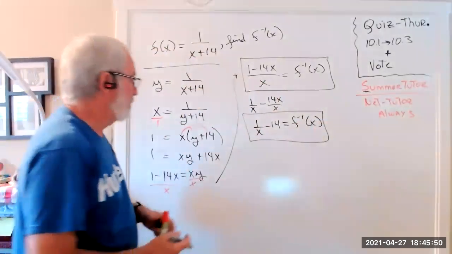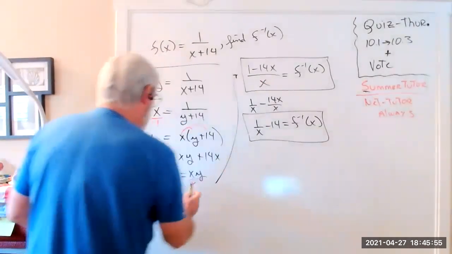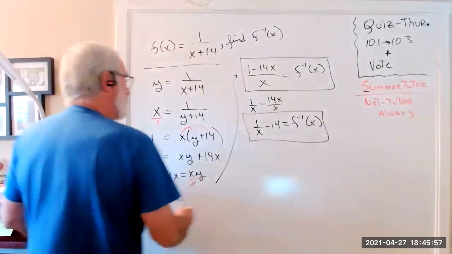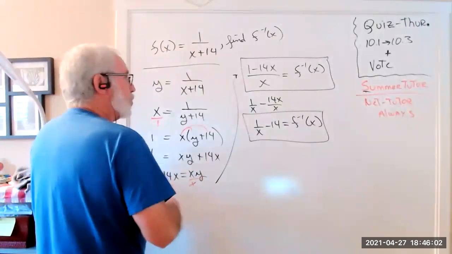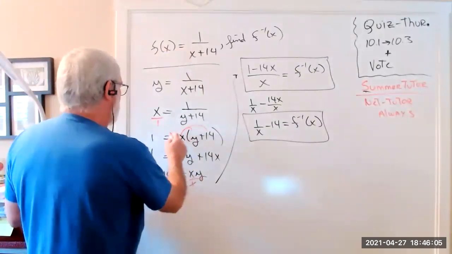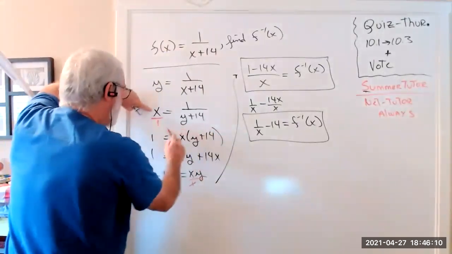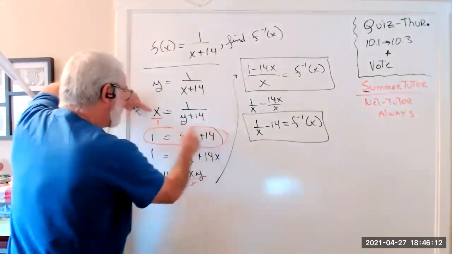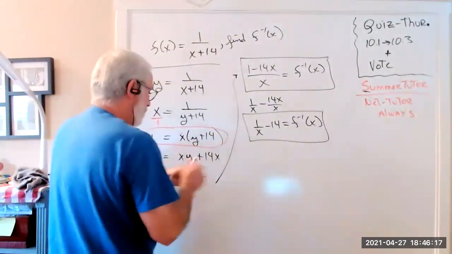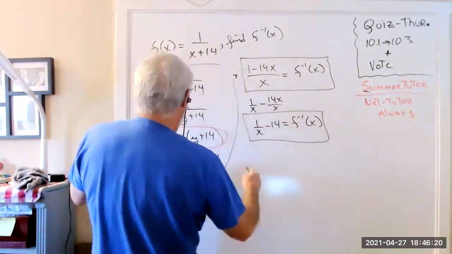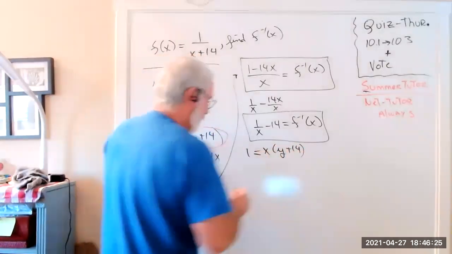But it's even worse than that. Suppose I was right at this step, and I cross multiplied, so I'm at this step right here: 1 equals x times y plus 14.